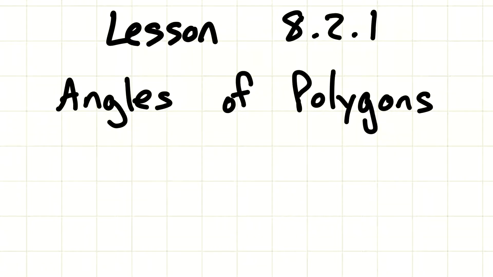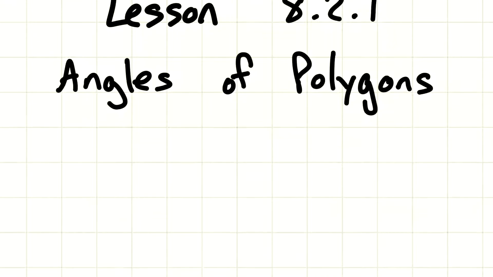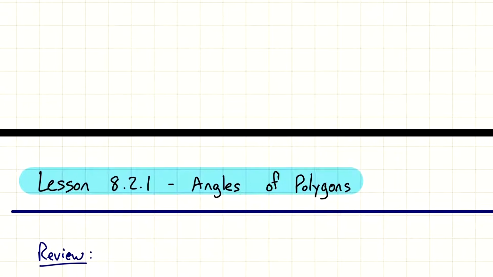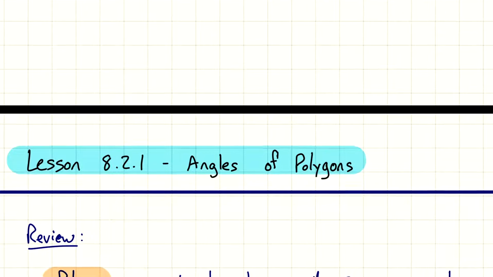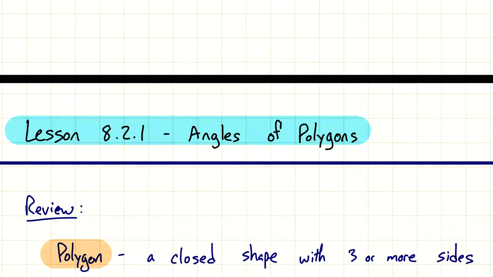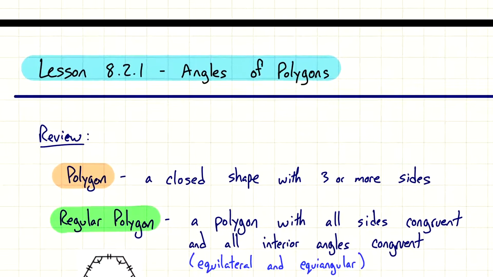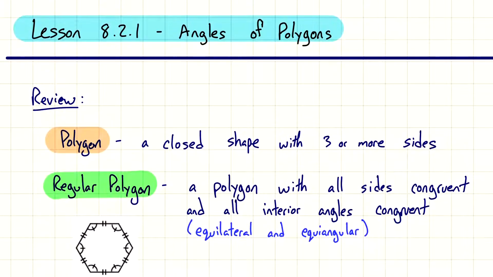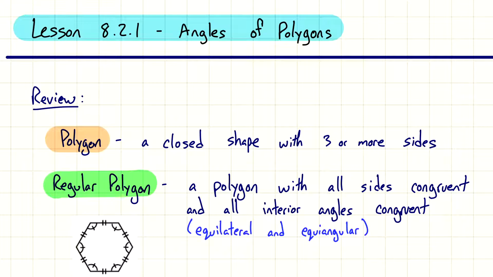Hi everyone, this is lesson 821 on angles of polygons. Up until this point, we've mainly been focusing on triangles. We've learned a lot about triangles earlier in our book. We just recently learned a lot more details about quadrilaterals.